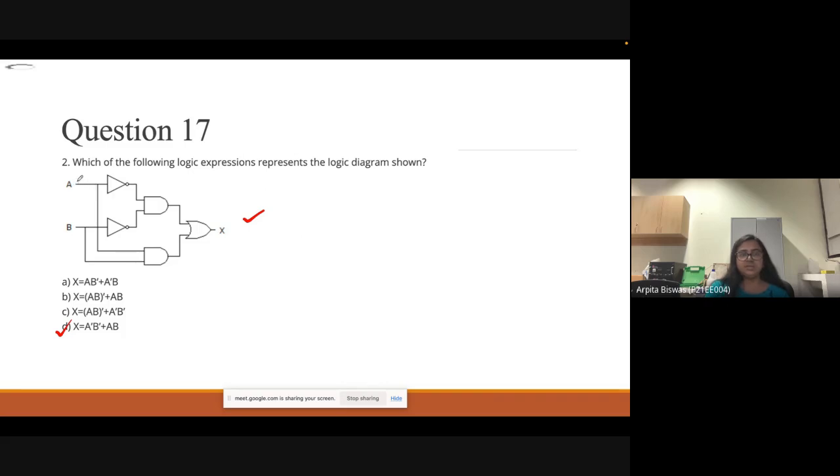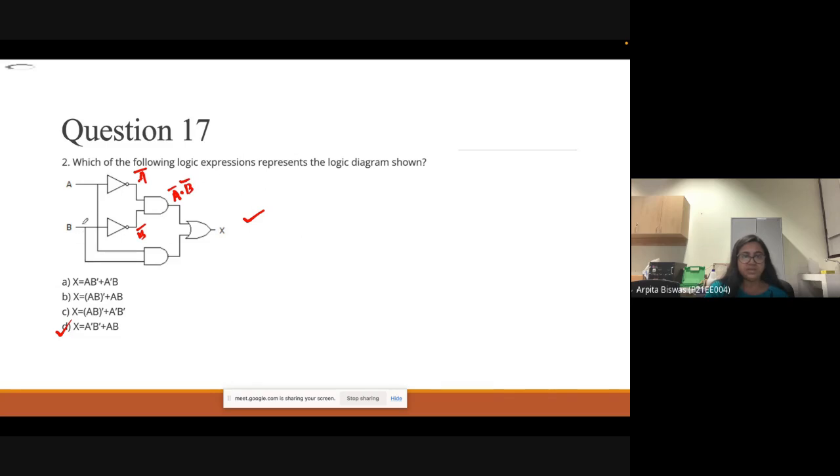See, here it is going through a NOT gate. So here you are getting A bar. Here B is going through this NOT gate, so the output is B bar. Then it passes through the AND gate, giving A bar into B bar.